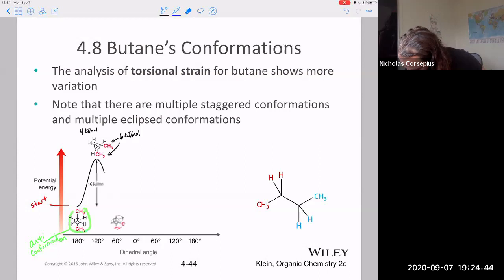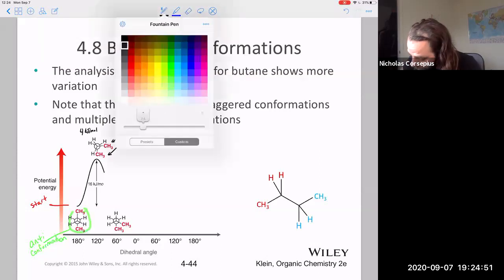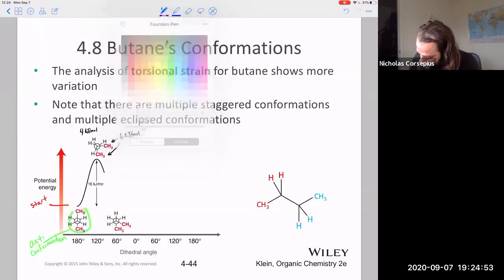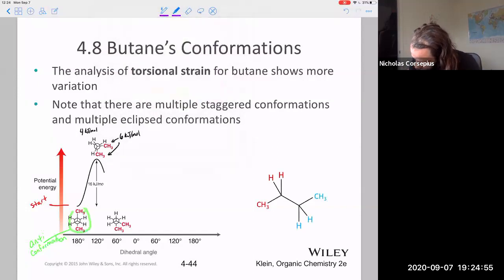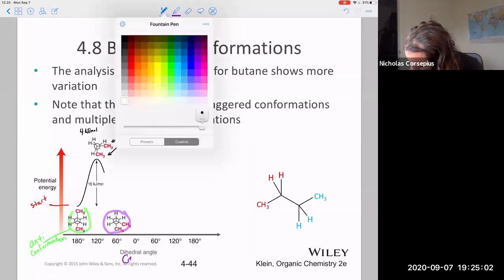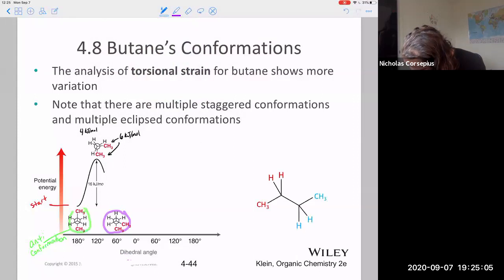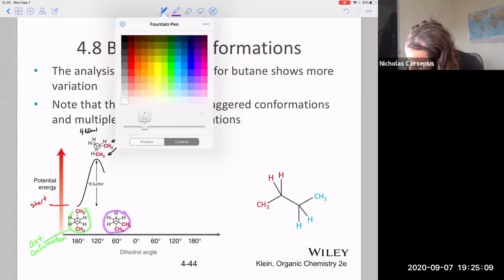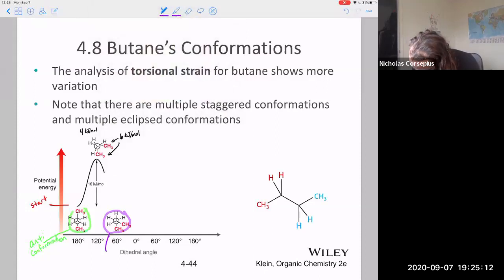Then I rotate again. I get to my staggered conformation, but now remember, these were the gauche conformations.